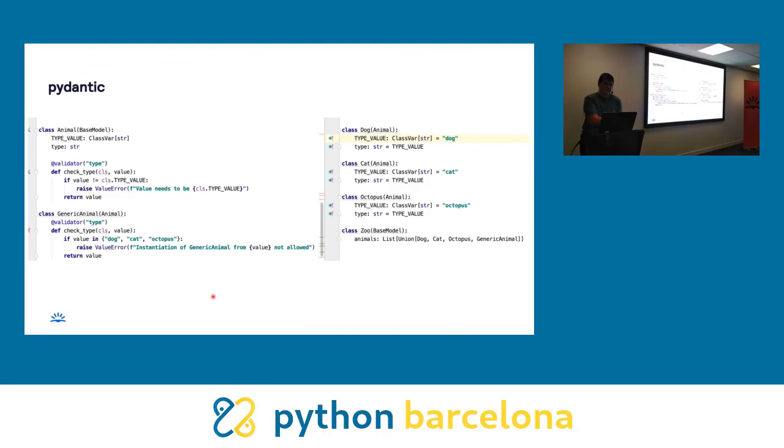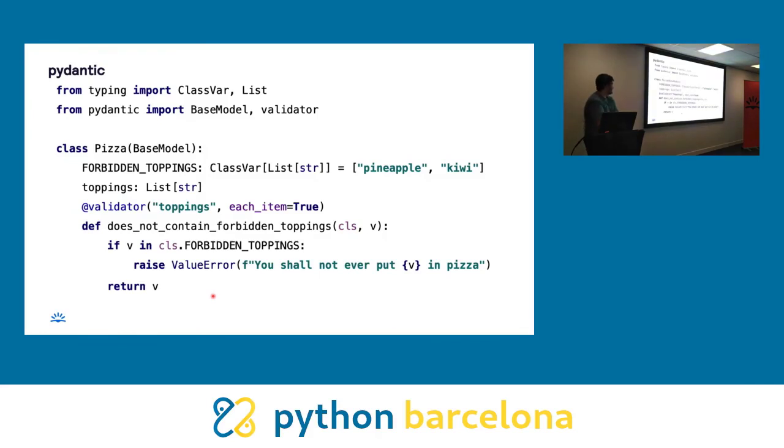Thank you for the presentation. Could you go back to the pizza example? In the forbidden topping, you write that you have a class var of list of strings. What if you have more than one list of strings? Can you tell explicitly which list should have the pineapple and kiwi rule applied?